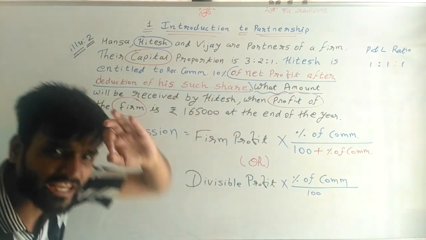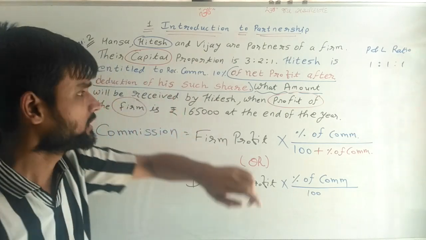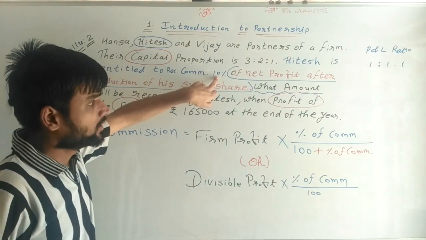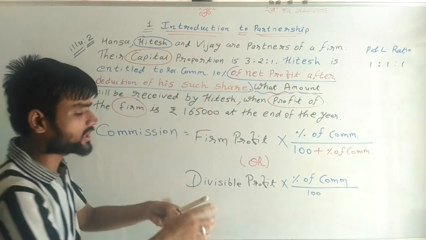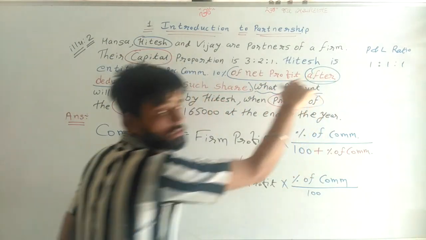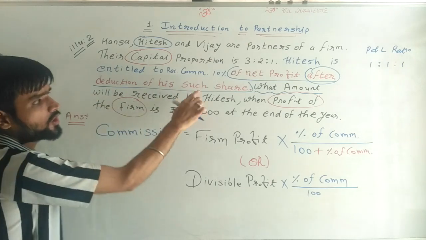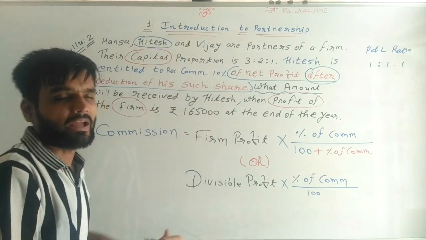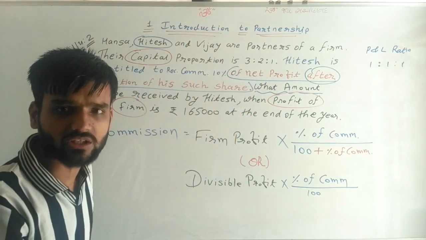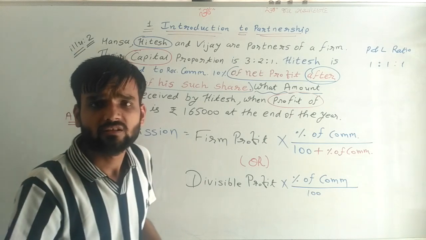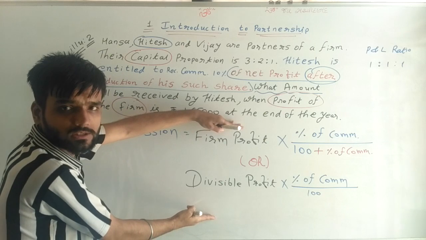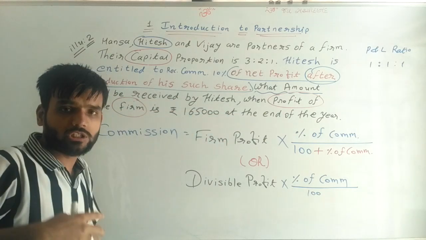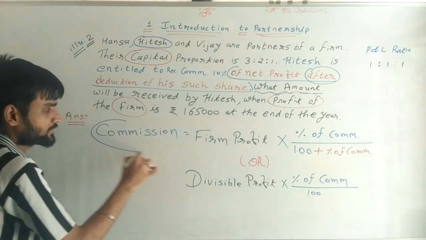Now, whenever your question gives commission as 10% of net profit after deduction of his such share, whenever this statement is given, then the calculation is done by these two methods. Now see, calculation of commission.